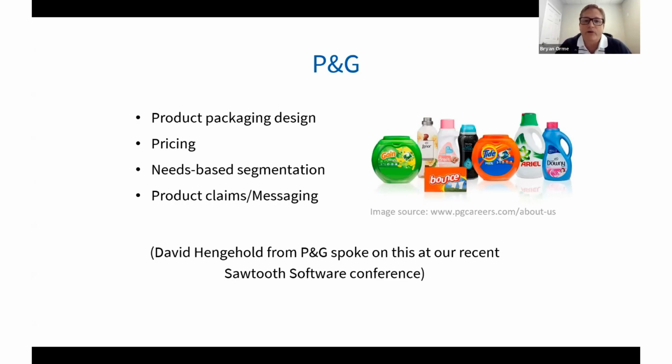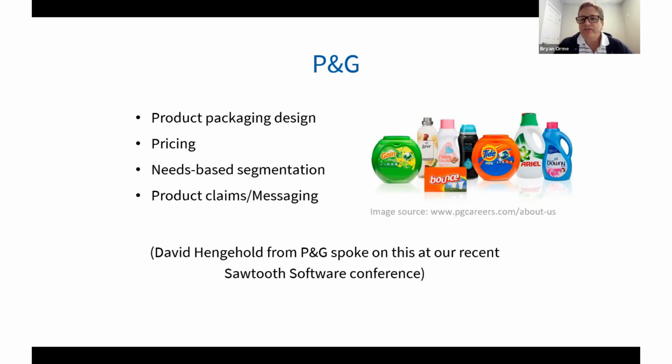David Hanghold from Procter & Gamble came out specifically to talk to us at the conference about how they're using conjoint analysis to help them optimize the package style, the colors, the graphics on the package, the product claims on the package, and also the pricing.